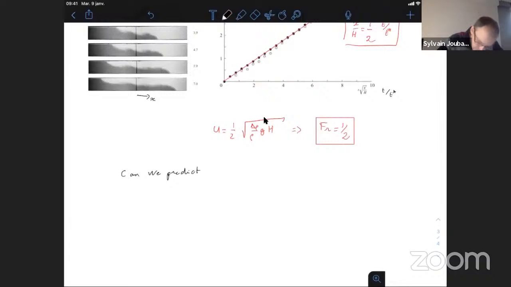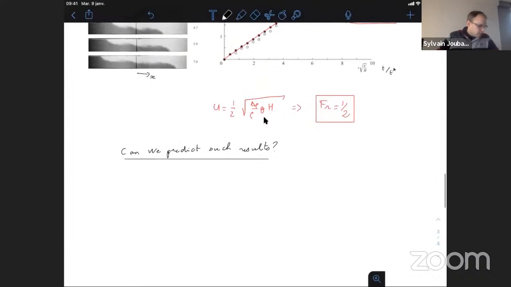I will just give you the equations we have to write to obtain the theoretical result, which will give you this coefficient 1/2. Basically, it's a theory made by, make a reference, 1968. That's 50 years ago.